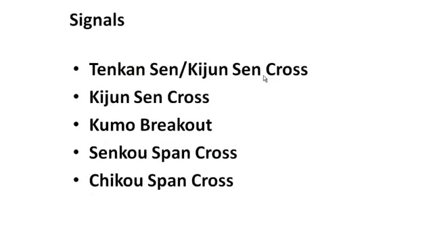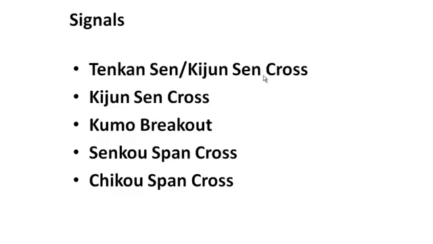The signals are the Tenkan-sen, Kijun-sen cross, I'll just say TK cross, which is where price actually passes through Kijun and closes above. The Kumo breakout, which is where price actually breaks above the Kumo and closes above same.